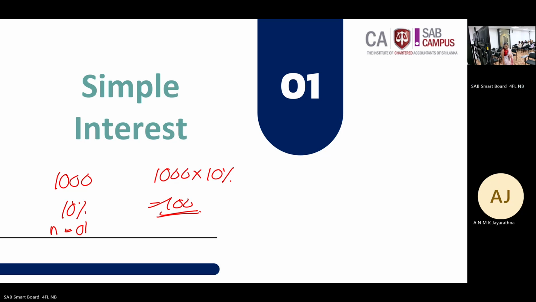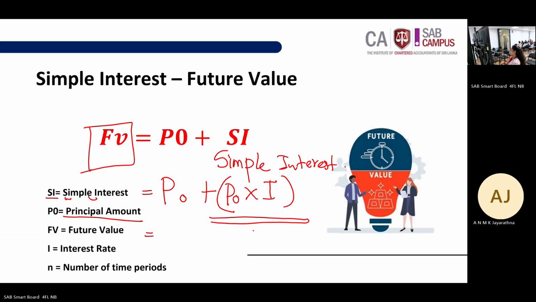Right. So P0 always means the amount invested at present. FV we know is future value.